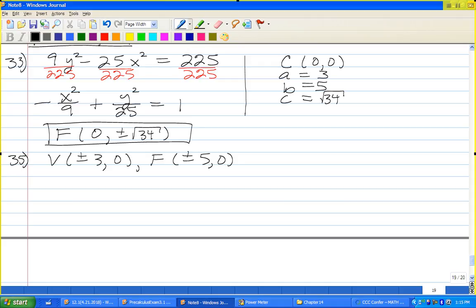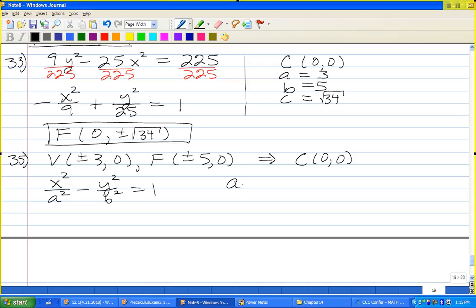Well, the midpoint of the foci will be the center. In this case, the midpoint is the origin, so the center is at the origin. Therefore, the equation of my hyperbola looks like x squared over a squared, minus y squared over b squared is 1. Now, since the foci are along the x-axis, that means that the sign in front of the x squared is positive, and the other sign, the one in front of the y squared, is negative.